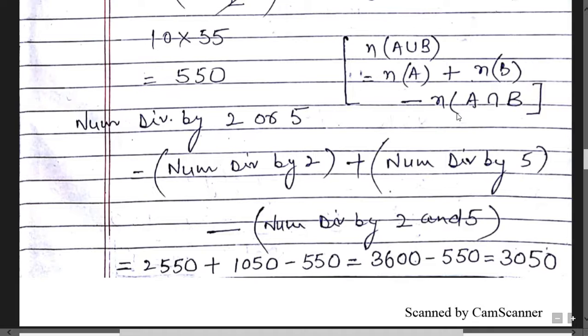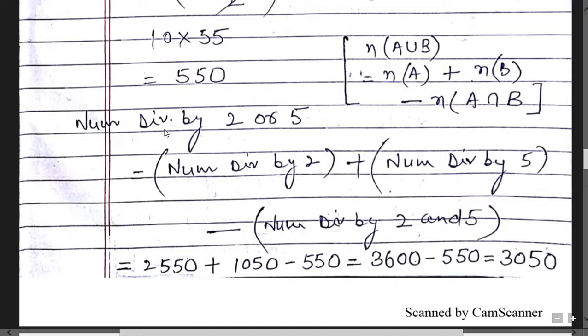Now this is the formula which we have already covered in set theory. n(A union B) can be written as n(A) plus n(B) minus n(A intersection B). Union stands for OR and intersection stands for AND.